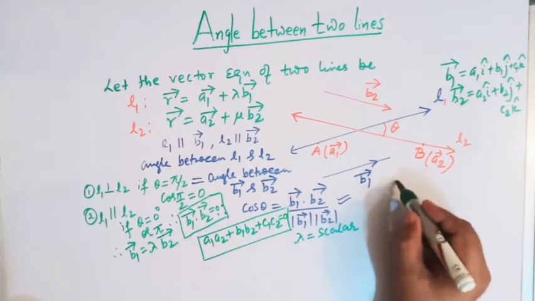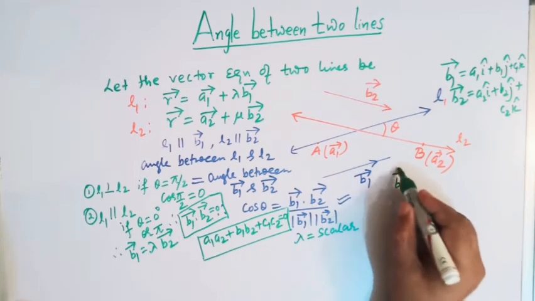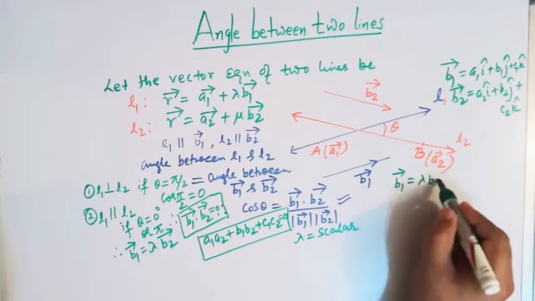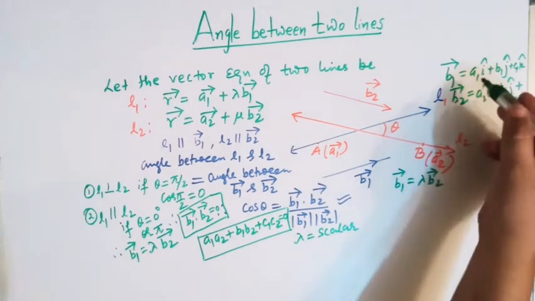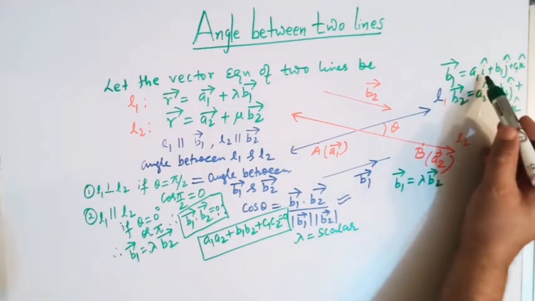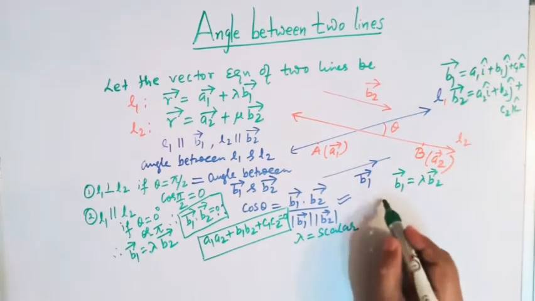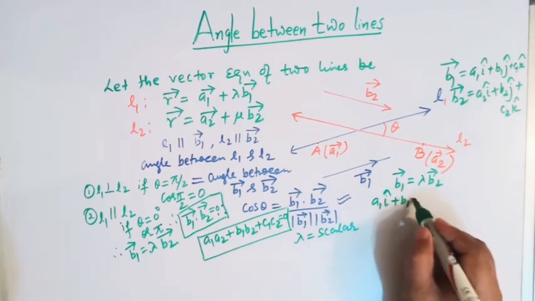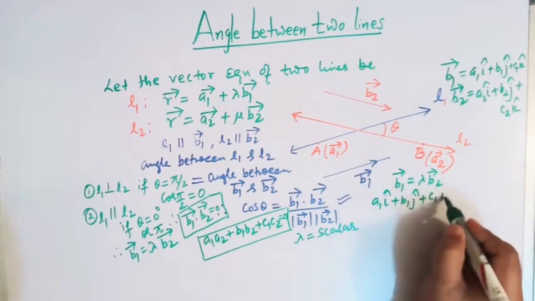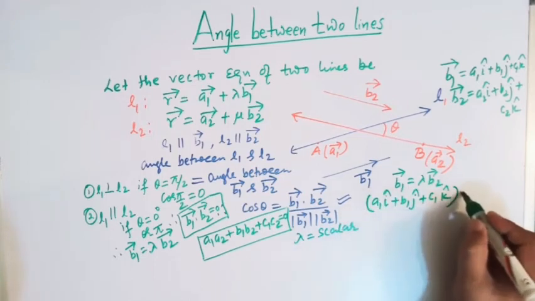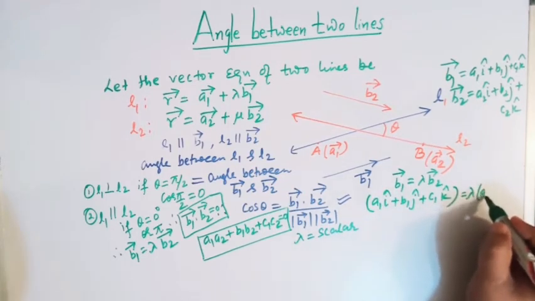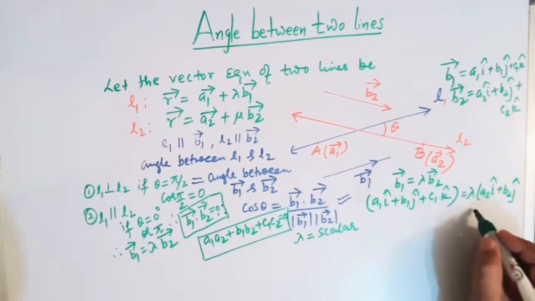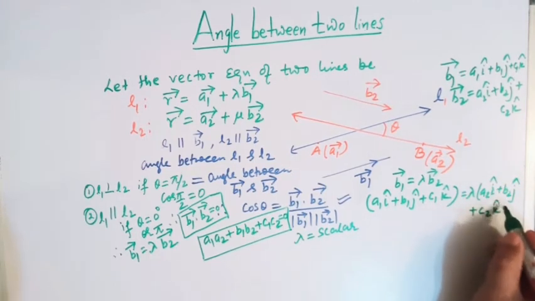Now from this vector equation, that is b1 vector is equal to lambda b2, if we substitute this value here, we have a1 i cap plus b1 j cap plus c1 k cap is equal to lambda times a2 i cap plus b2 j cap plus c2 k cap, right?